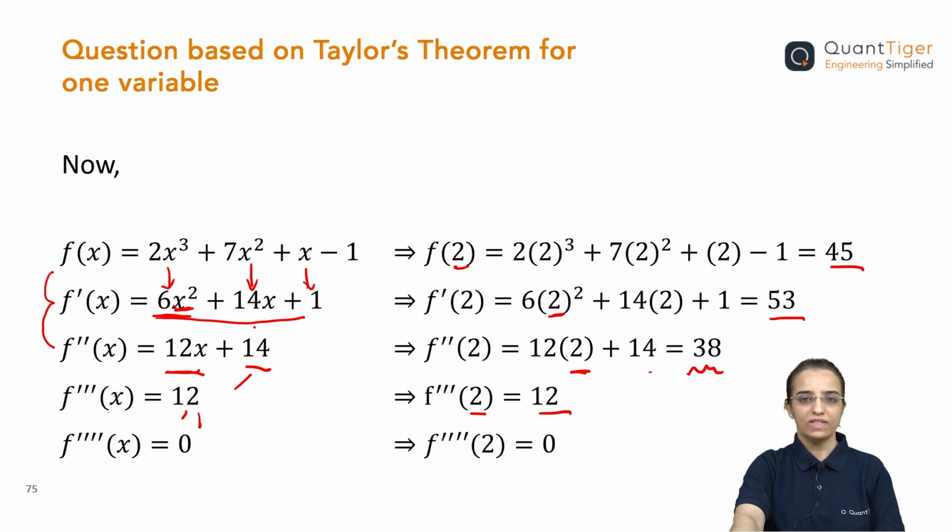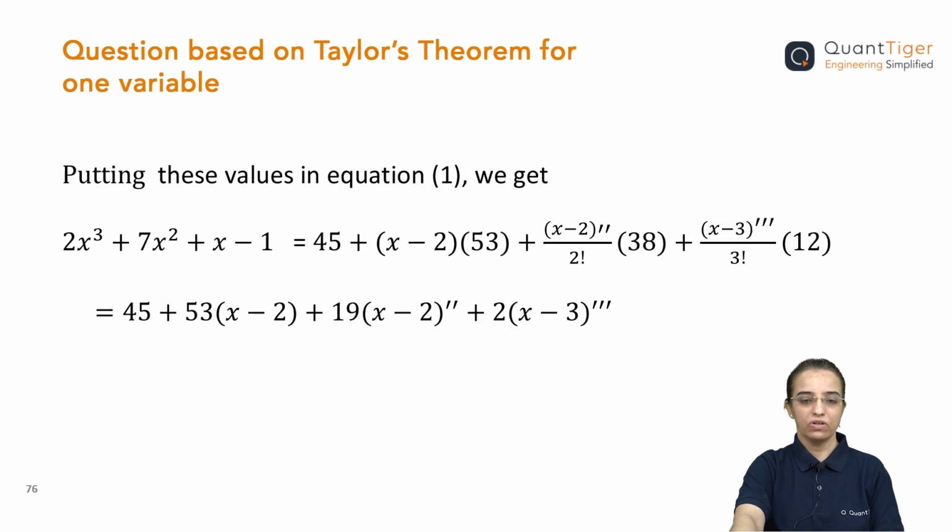So after getting all these values we have to put them back in equation 1, which was the Taylor's theorem where we applied Taylor's theorem, और जिसमें हमने f of 2, f dash of 2 ये सब जो लिखा था उसकी जगह पे हमने जो values find out की हैं वो सारी वहाँ पे रख देंगे.